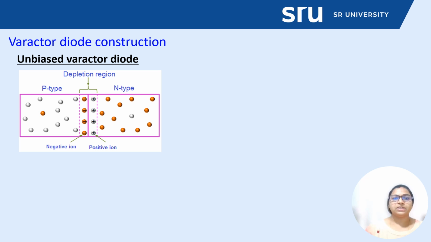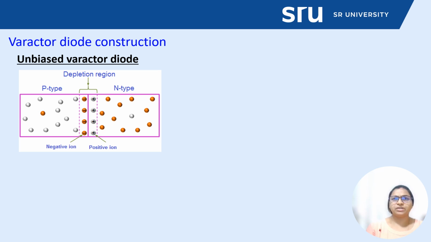So let us see now how this Varactor diode behaves in biased and unbiased conditions. We know that in n-type semiconductor a large number of free electrons are present, and in p-type semiconductor a large number of holes are present. Free electrons and holes always try to move from a higher concentration region to a lower concentration region.